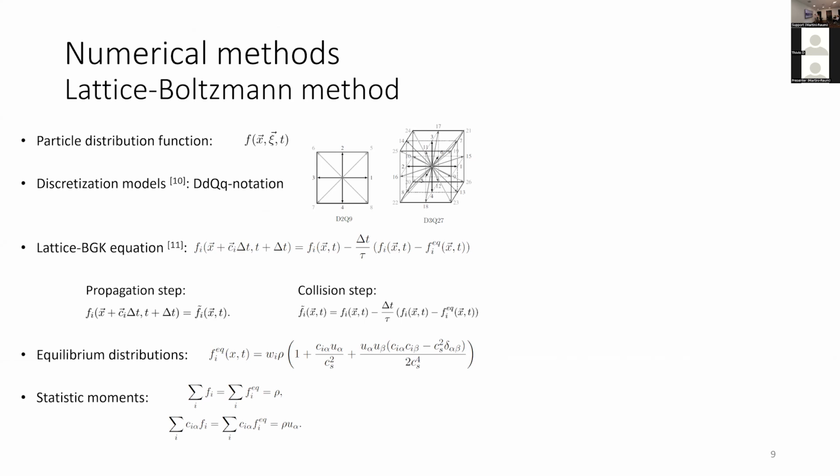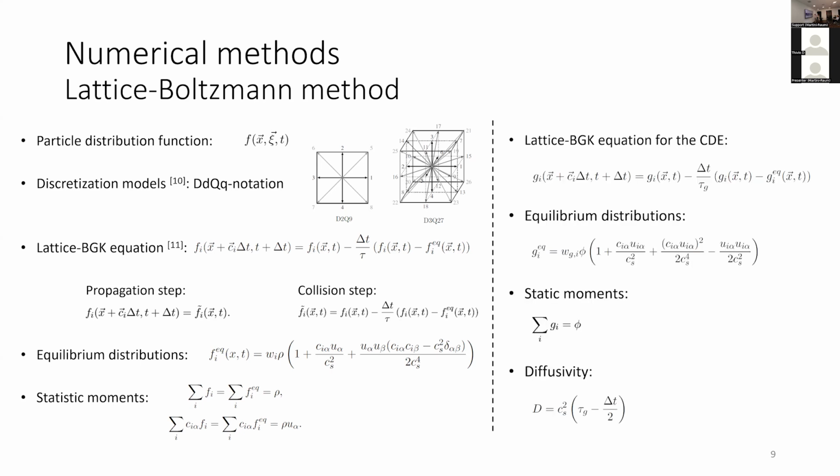The lattice BGK equation, propagation and collision steps. In the end, when we have computed the distributions for each time step, we use the statistical moments to compute the density or velocity fields, the macroscopic quantities.